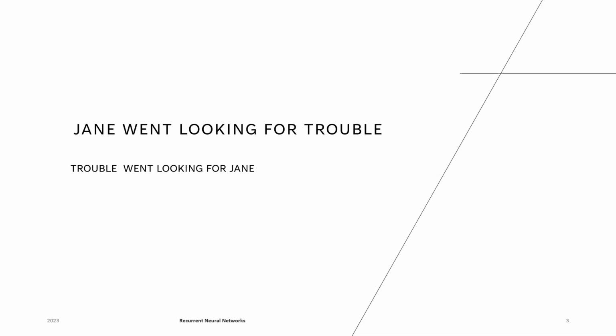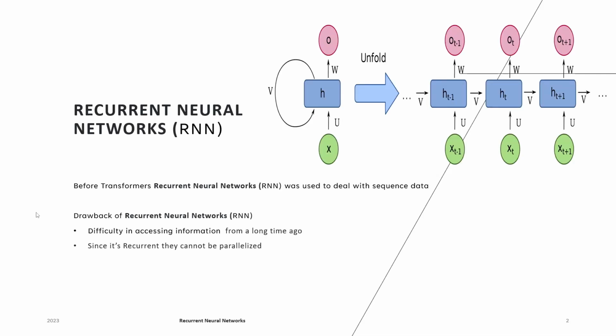When you have very large sequences of text, paragraphs or an essay, by the time the end of the paragraph is processed, it forgets what the beginning meant. So the context of the sequence is lost. And since an RNN is processed sequentially, it cannot parallelize well. So these are the two limitations.